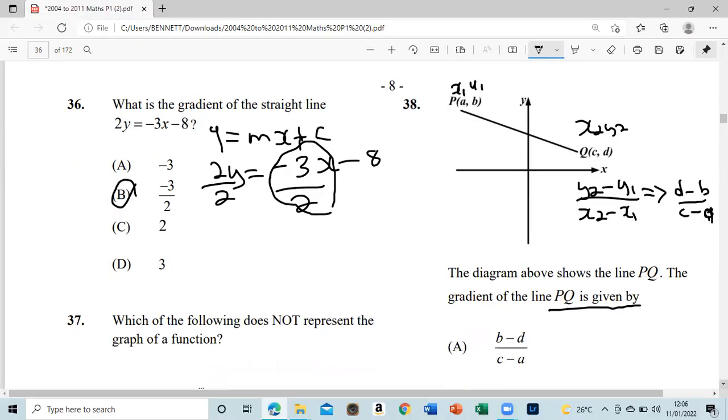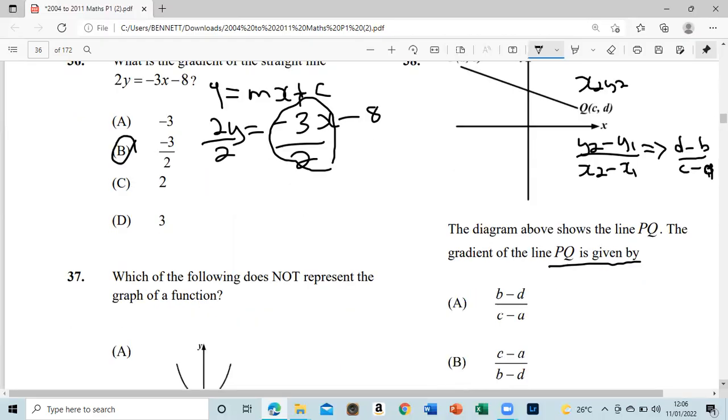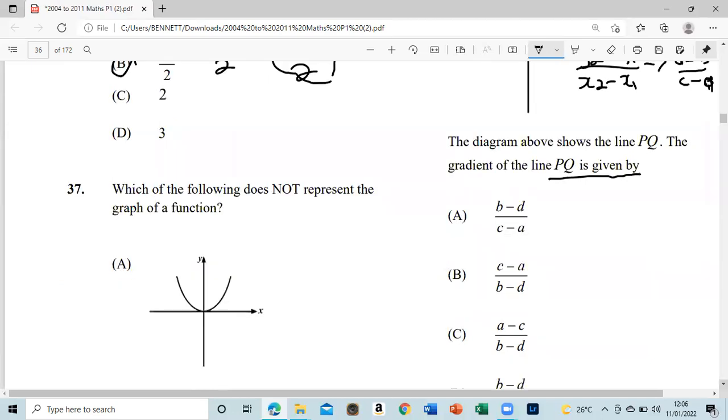So number one can't work, because they turned it c minus a and put d in front, then put b. So we can't make that one. C minus a, they can't have the x up at top.